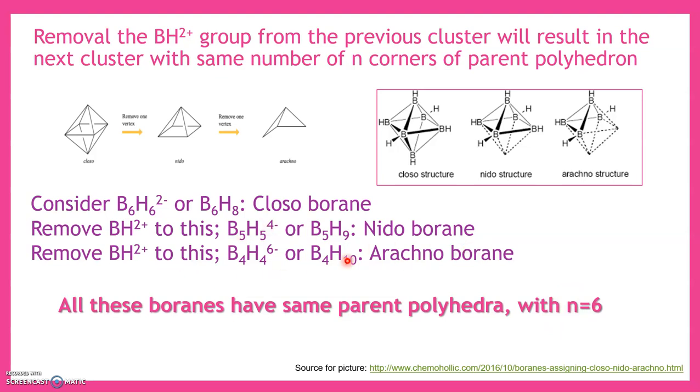Whatever the number of boron atoms in the nidoborane or the arachnoborane, we need to add appropriate numbers so that n always refers to the number of corners in the parent polyhedron. This is very important because based on this we will be doing many problems.